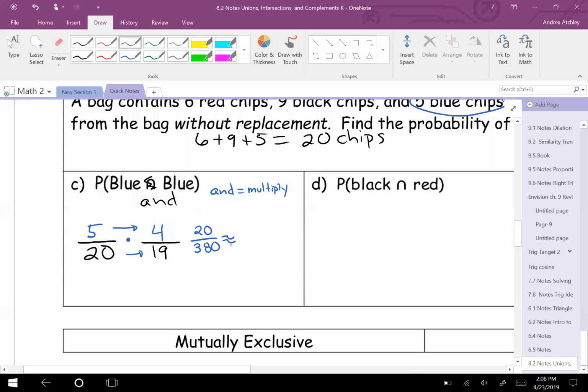I plug that into my calculator to find my percent. How often will that occur? Okay, it's 0.052. Does the 2 make the 5 move up? No. I move my decimal over twice, and I get 5%.